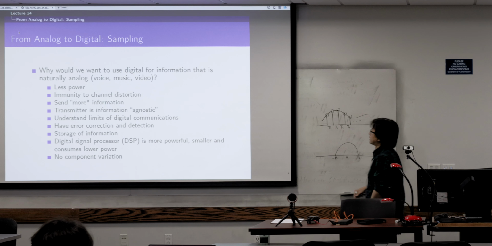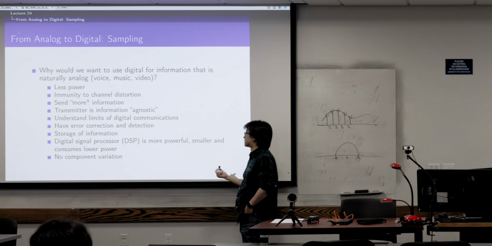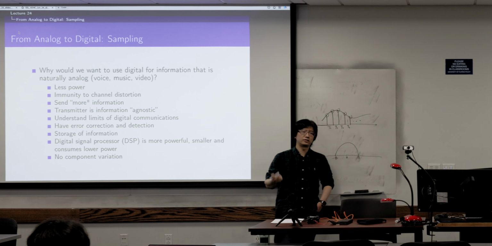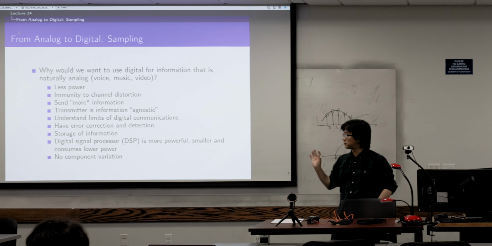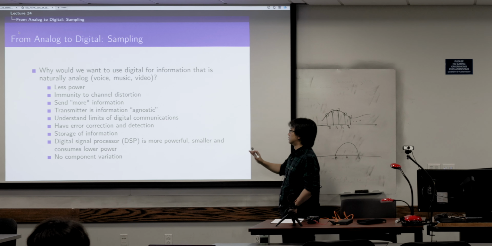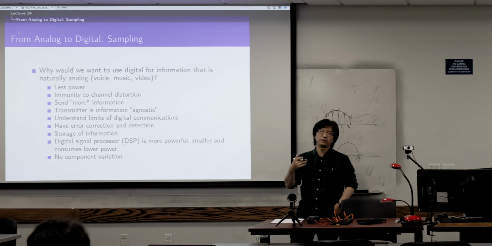And the other thing is digital communication is more friendly to use with a DSP, a digital signal processor, right? That can be very powerful, power efficient and small. It may not be that easy to deal with complicated analog signals.